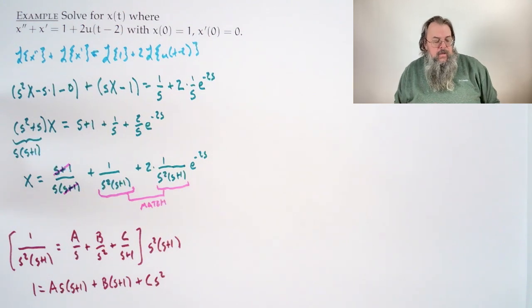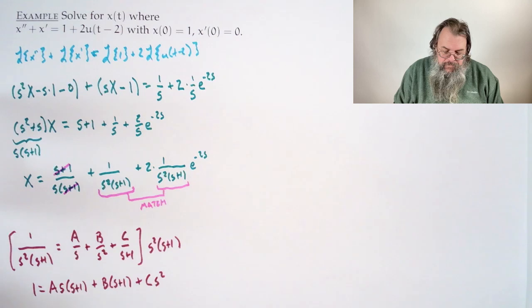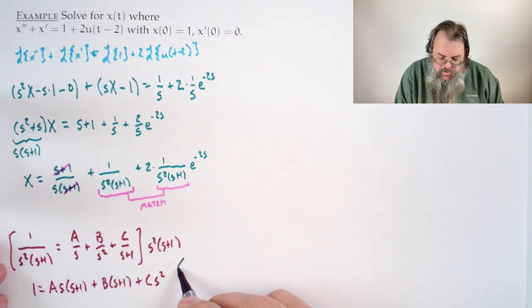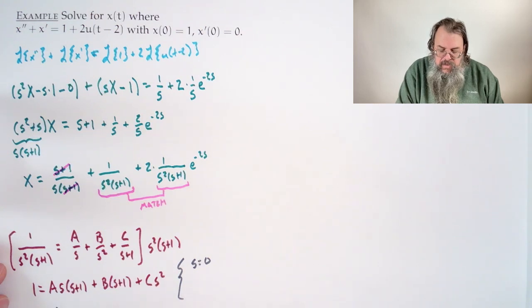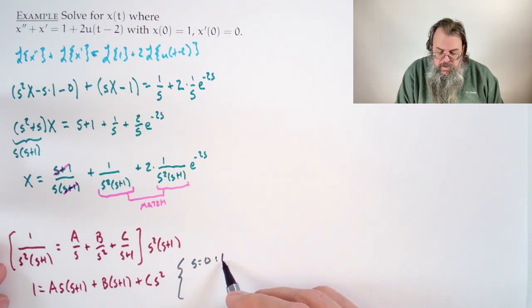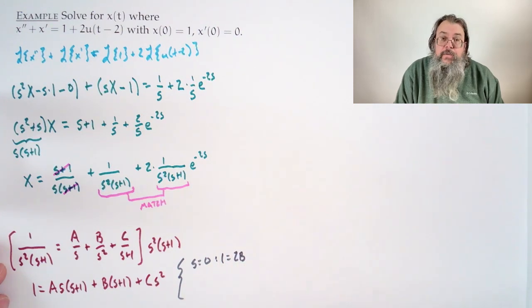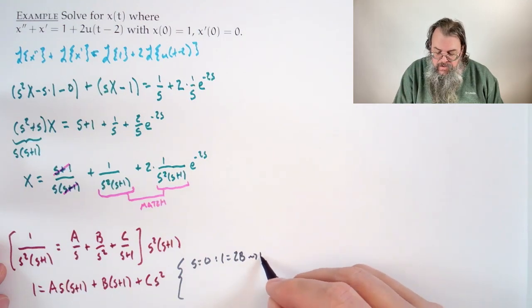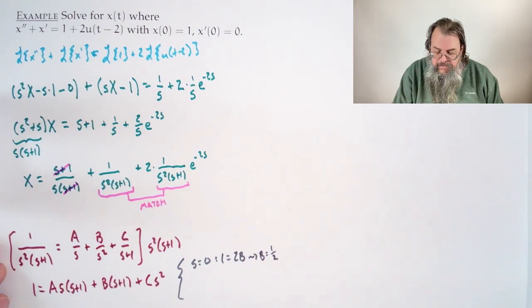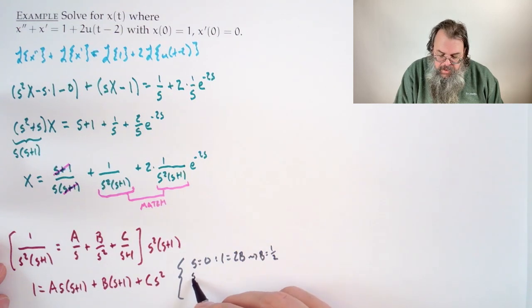Okay, well, let's pick wisely, as much as we can. So, some wise choices. We could choose s equals 0. And that knocks out the a and the c term. And we get that 1 is equal to 2b. Well, or is it not 2b? Well, we just want b.